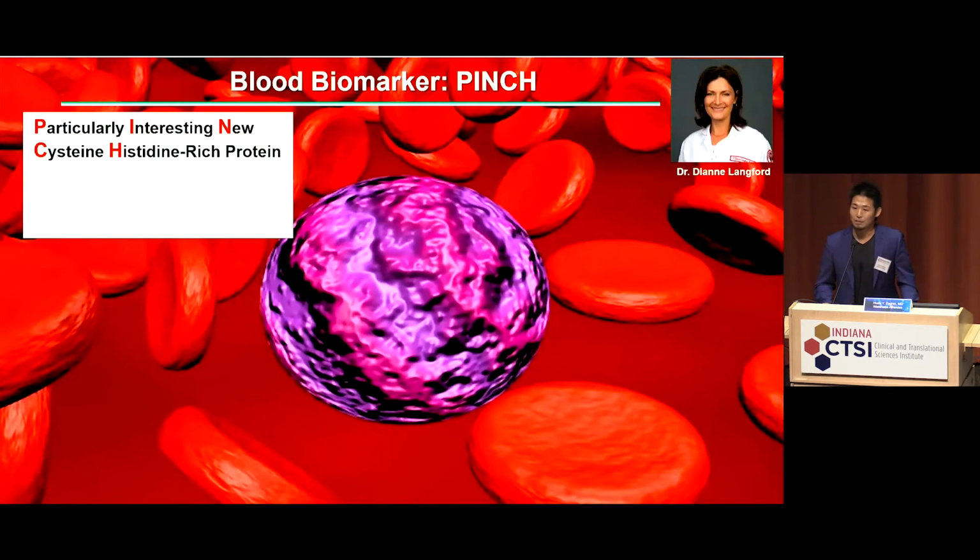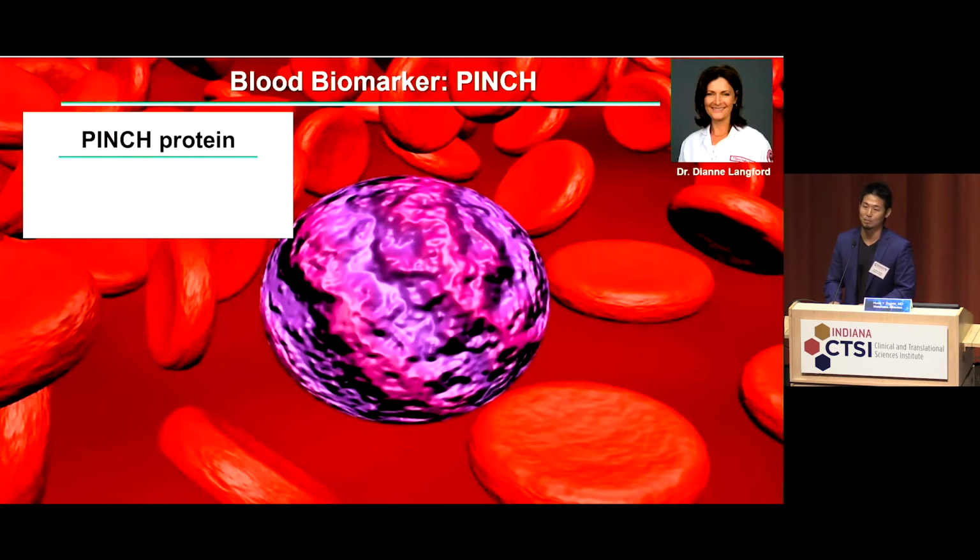And we conducted some blood biomarker research, and I just wanted to pull this data that I was working on during my dissertation under Diane Langford's lab that I love and respect so much. We tested a novel protein called particularly interesting new cysteine histidine-rich protein. Super long, so we call it pinch protein.